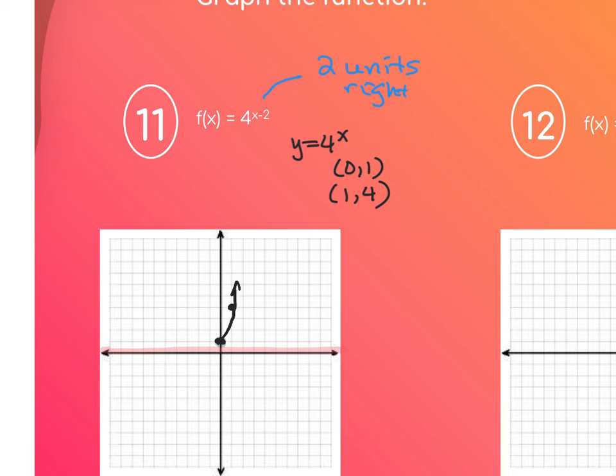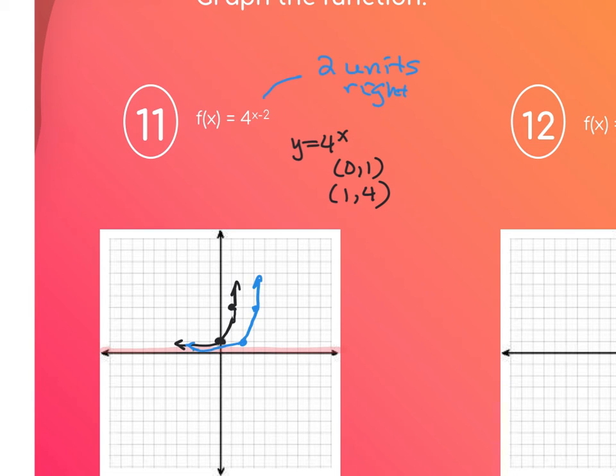And the original one looks like this. But now I'm going to take both of those points and move them 2 units to the right. Draw in and connect.